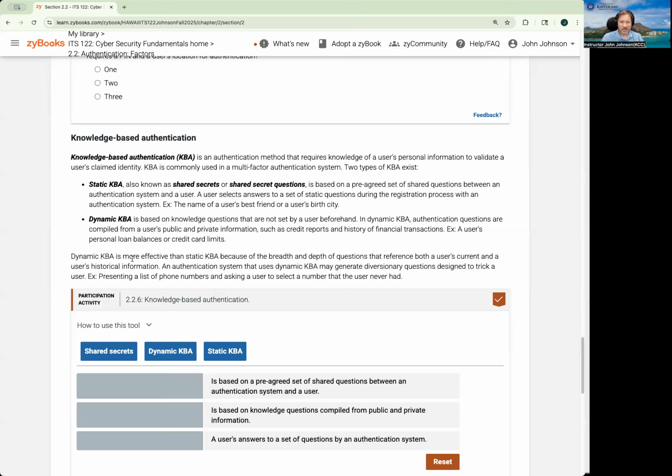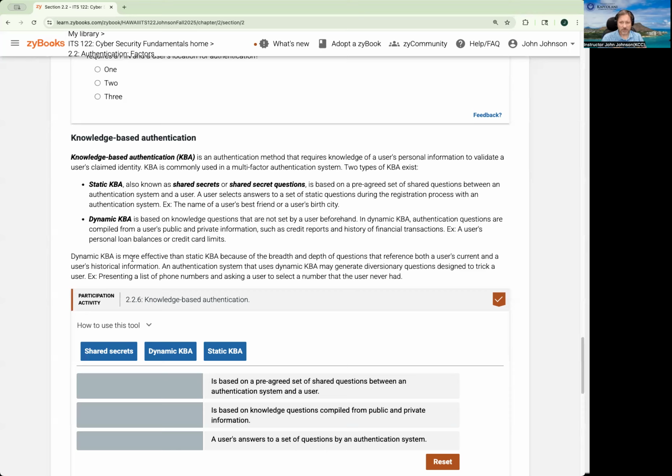But if you're going into the bank and their site asks, what's your personal loan balance with us, and you can get it within whatever dollars, maybe that is a valid way of doing it. Just keep in mind, dynamic is based on things that you don't agree to beforehand. It's based on things that you should know.